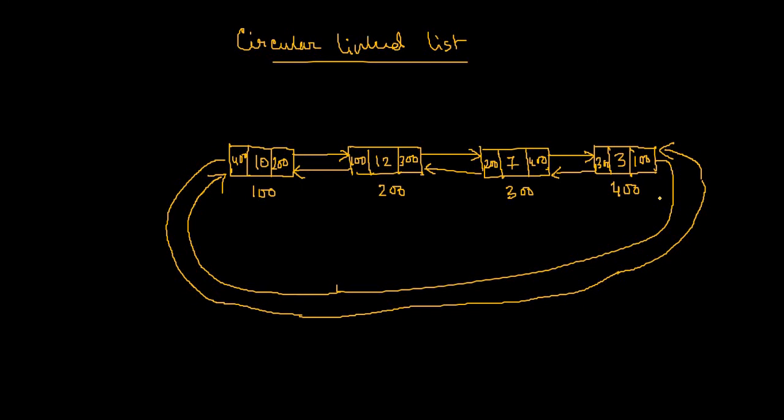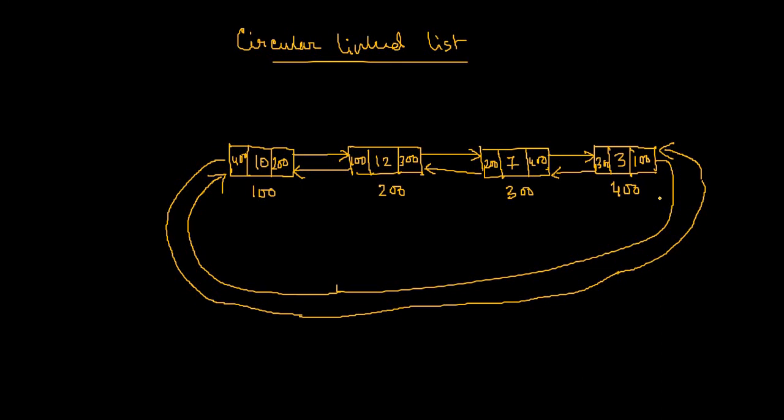But ultimately, at the time of creating, I will have a little bit of difference with respect to creating a circular linked list. What is the difference? If you make a linked list in circular fashion, you cannot say that you will insert all the nodes and then connect the next part of the last node with the first node.